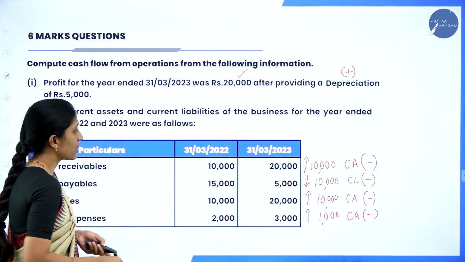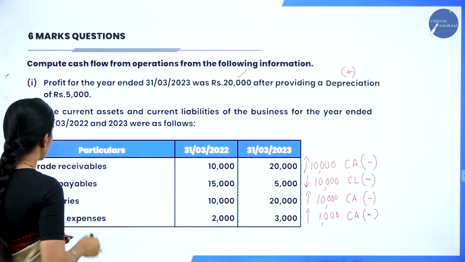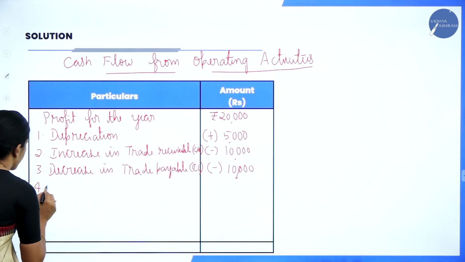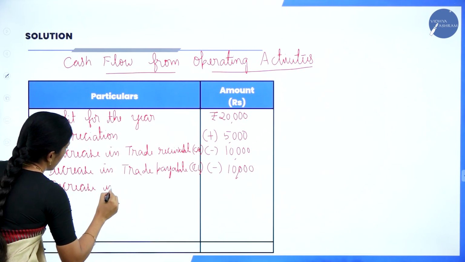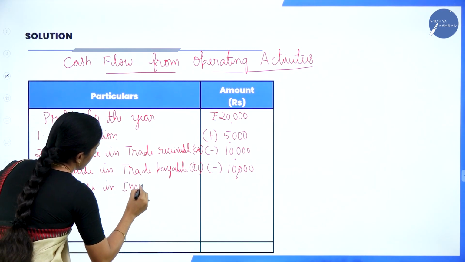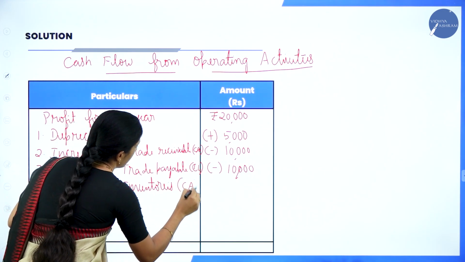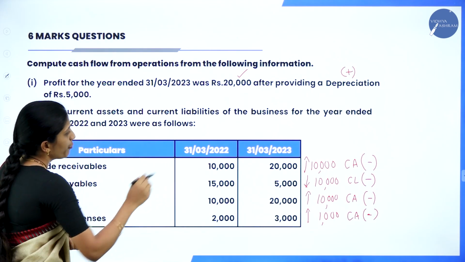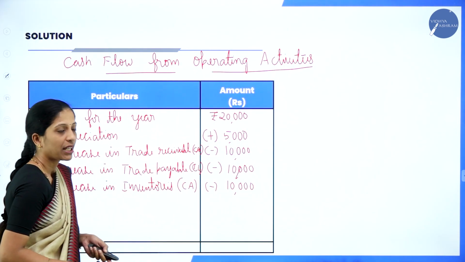Next, inventories. Inventories it has increased. So increase in inventories, that is increase in current asset. So I have to minus how much? 10,000. So 10,000 it has increased.